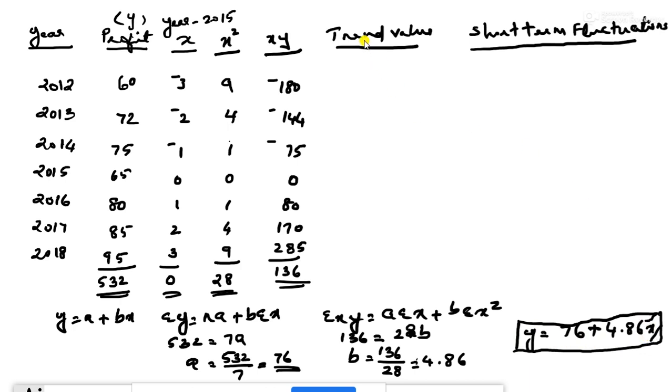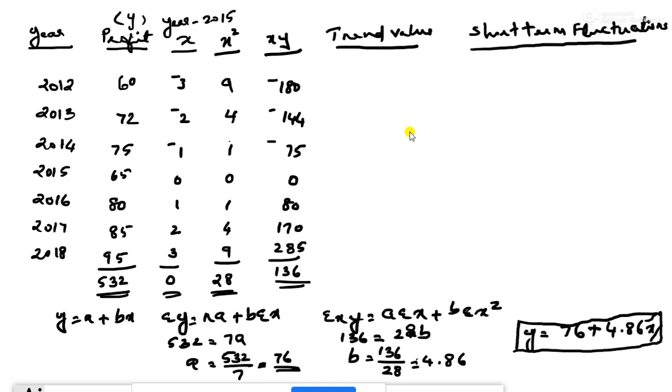Now you calculate the trend values. How can you calculate the trend values? The trend values can be computed by replacing the x values. That is, you can replace x for minus 3, minus 2, minus 1, 0, 1, 2, 3. Then you will be getting the trend values for 2012 to 2018. So compute the trend values, that is y is equal to a plus bx.